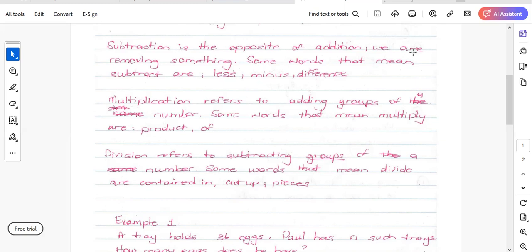How much did Jane remain with? So we know that's a subtraction because now she has 5 minus 2. She has 2 less dollars because she gave her friend Sally, let's call her friend Sally, $2, right? So she has 5 minus 2, which is $3. That's when we do subtraction.